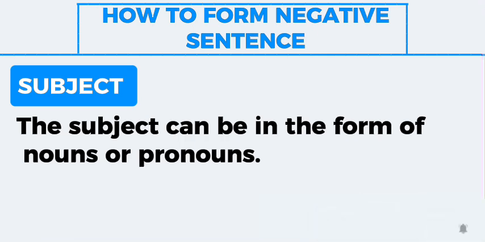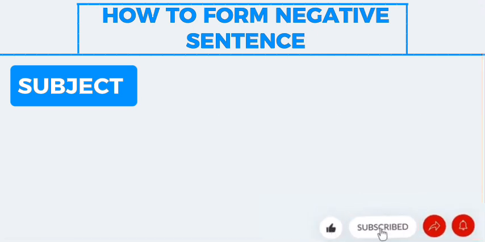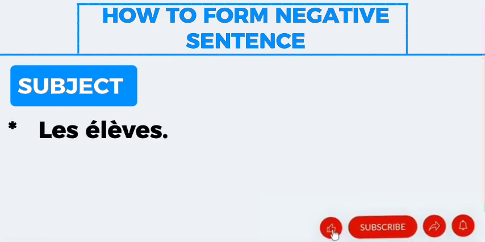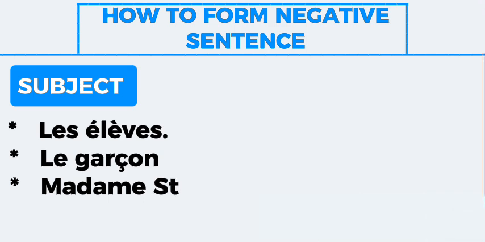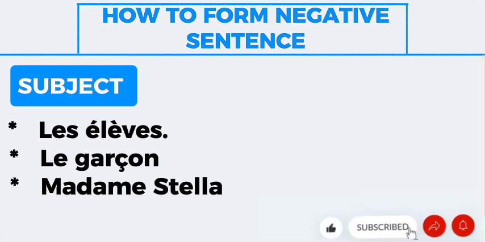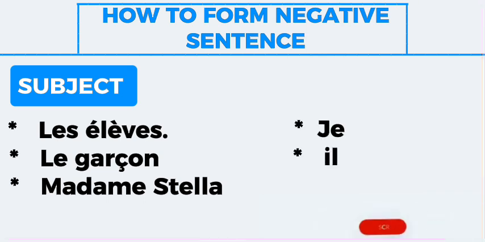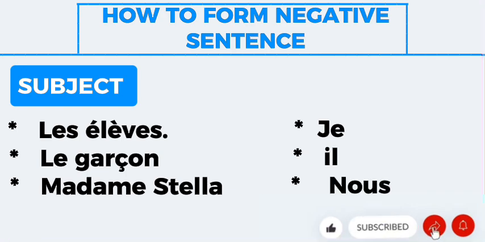For example, the subject can exist in the noun form as l'élève, le garçon, or even Madame Stella, whilst the subject can also exist in the pronoun form as j'ai, il, or nous.